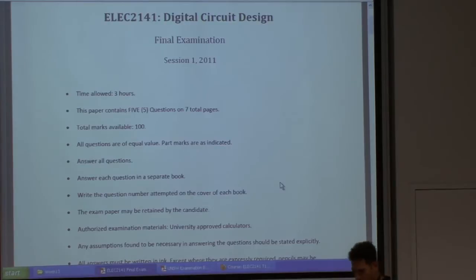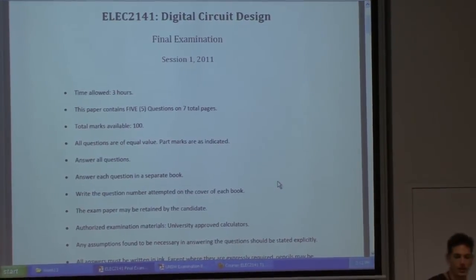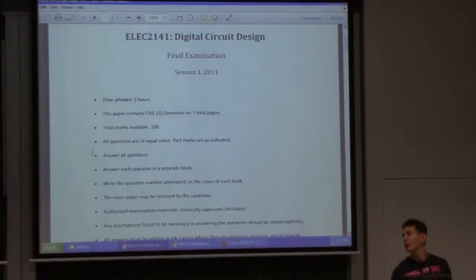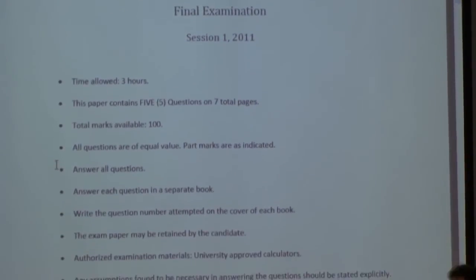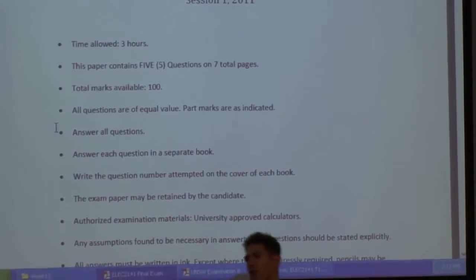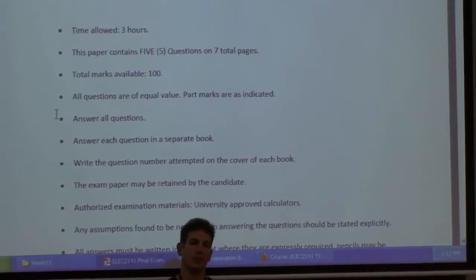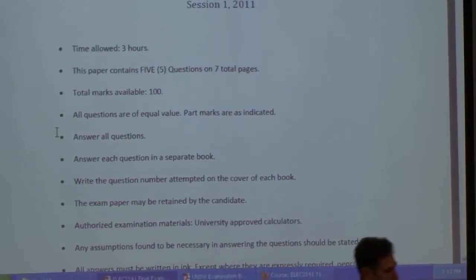Just like previous years, there are going to be 5 questions, each one worth 20 marks. Answer all questions. In each one of those questions, there are different parts. For every part, there'll be marks allocated, and that's the marking guide for the exam.